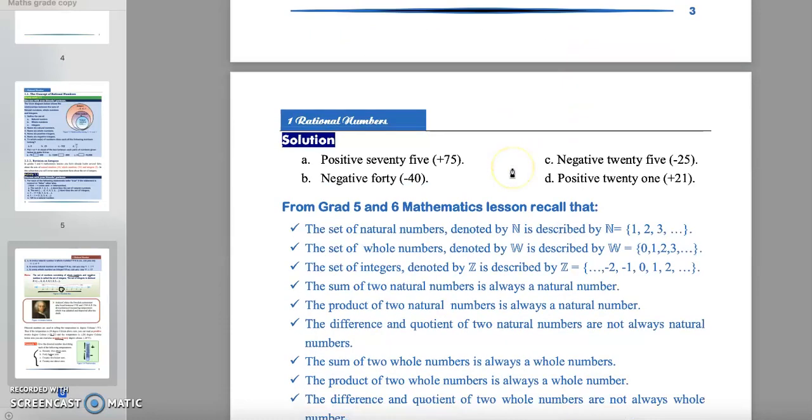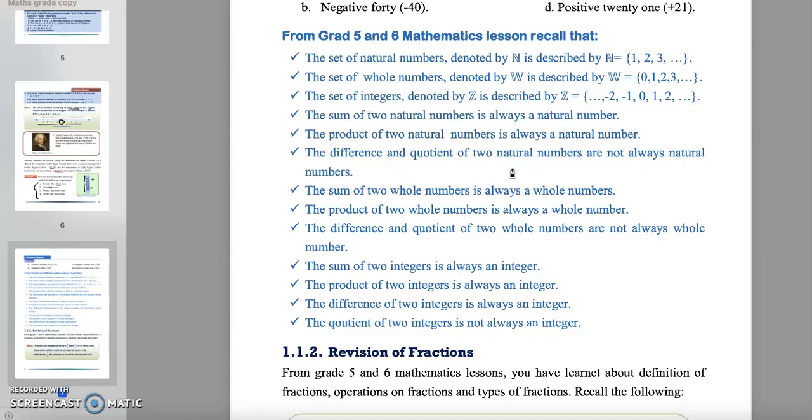We can do these two by yourself. So let's recall from the grade 5 and 6 maths lessons. I think you already know this, but let's do a revision. A set of natural numbers is always denoted by N, and it's described as N equals the set of numbers 1, 2, 3, and so on, which is infinite.